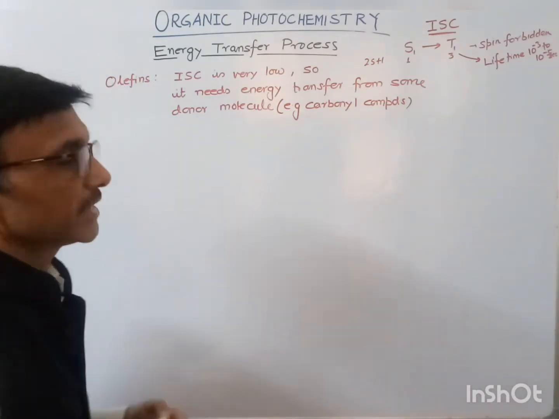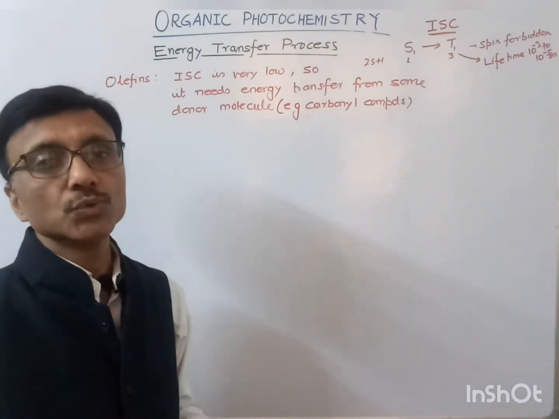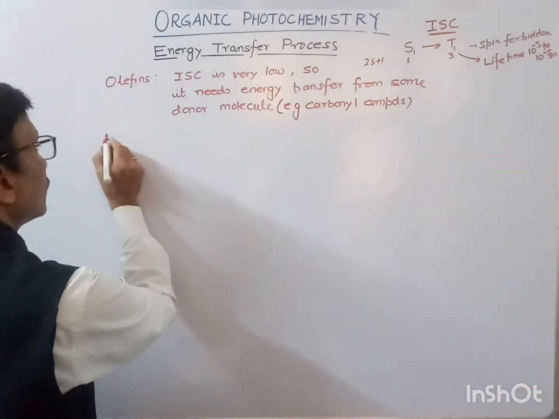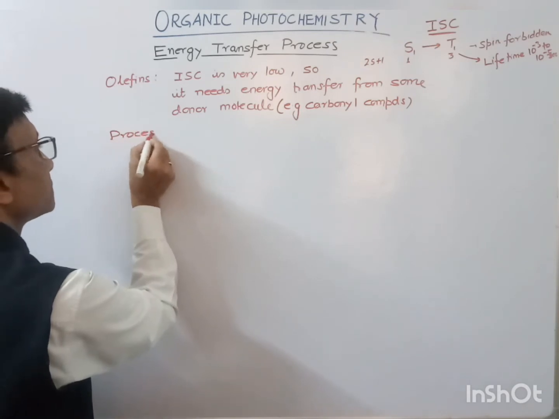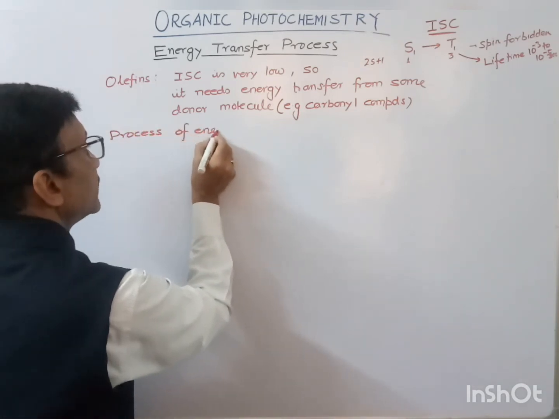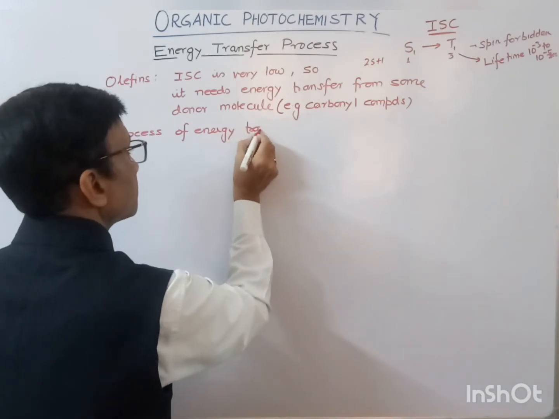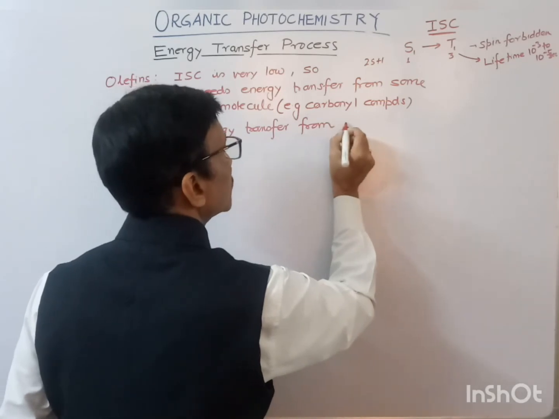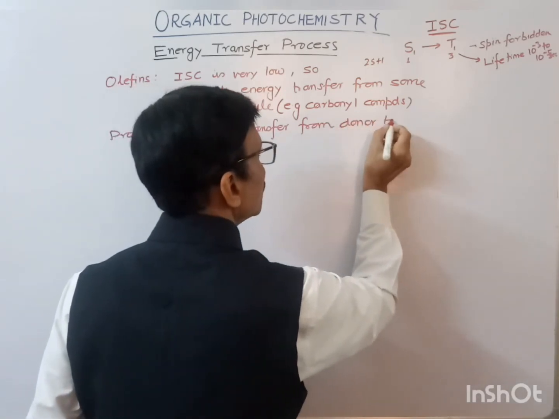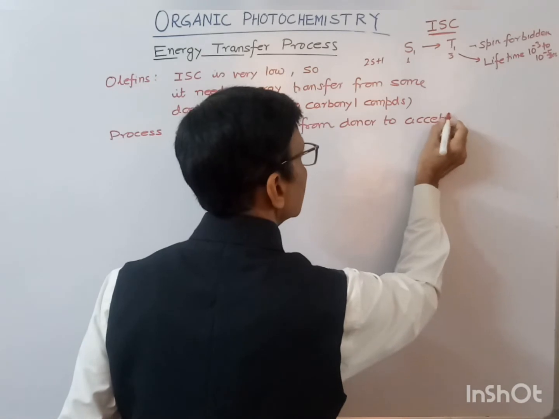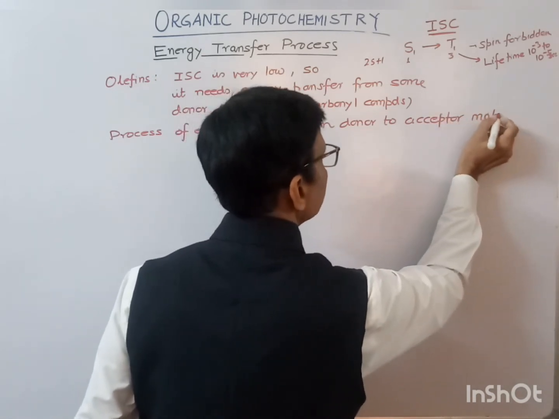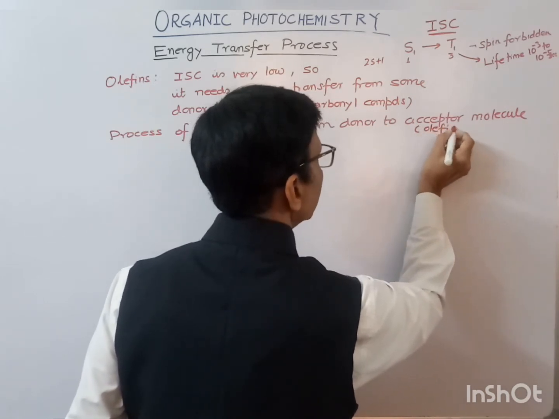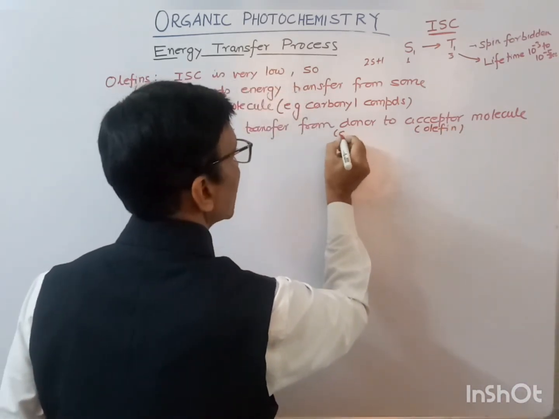The process of this energy transfer from the donor molecule to the acceptor molecule is called photosensitization. The acceptor molecule here may be an olefin, whereas the donor molecule may be a carbonyl compound.